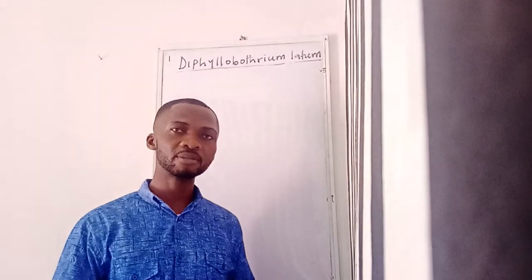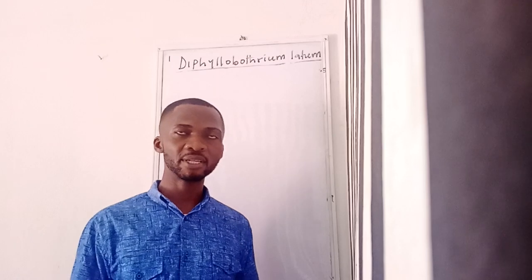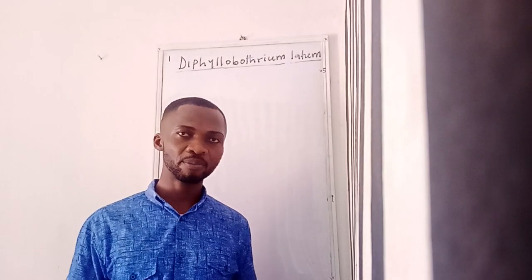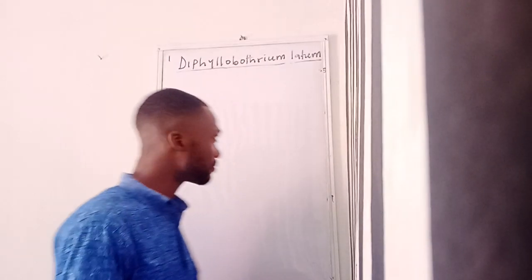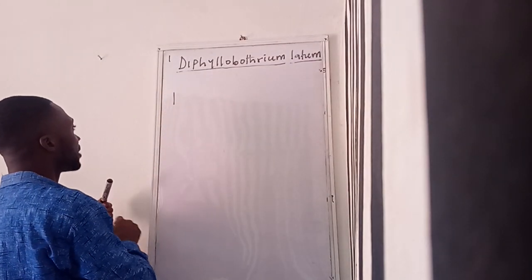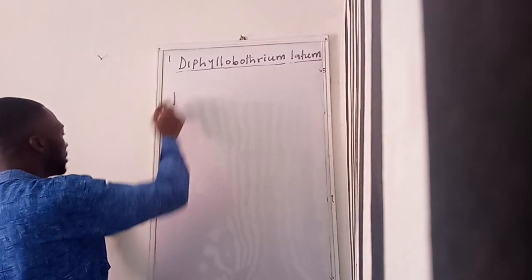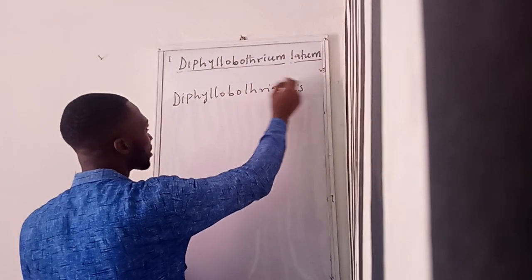So the life cycle begins with the hatching of the eggs of the parasite. Let me start with defecation. Diphyllobothriasis is the name of the disease that it causes.